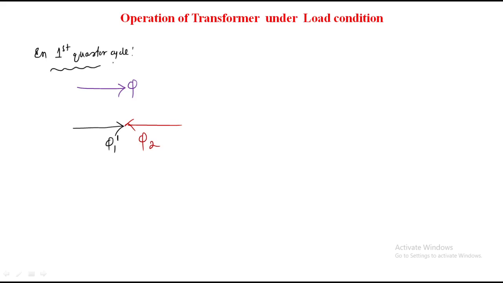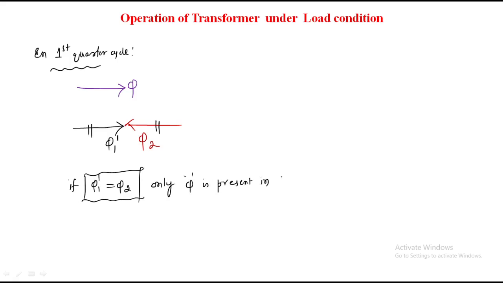Like this you can analyze in different quarter cycles. So the magnitude of phi 1 dash should be equal to phi 2. If phi 1 dash equals phi 2, only phi is present in the transformer core.